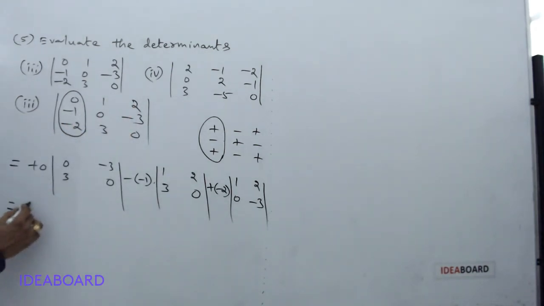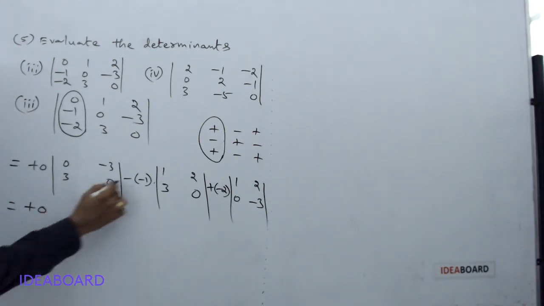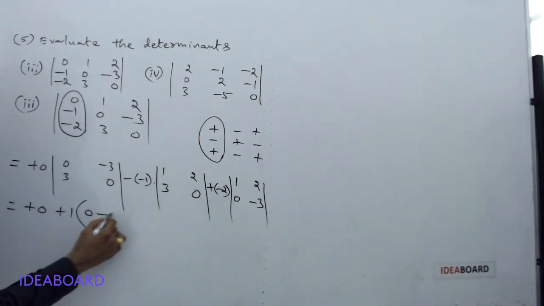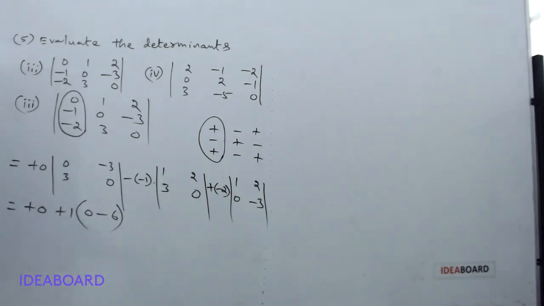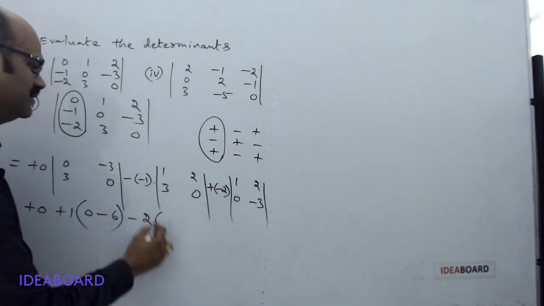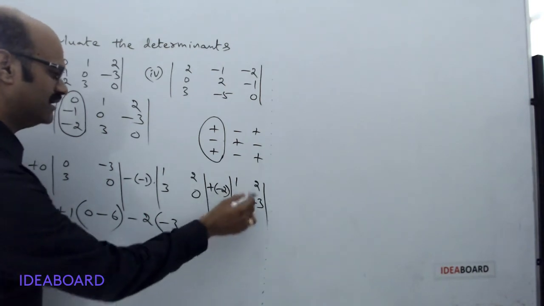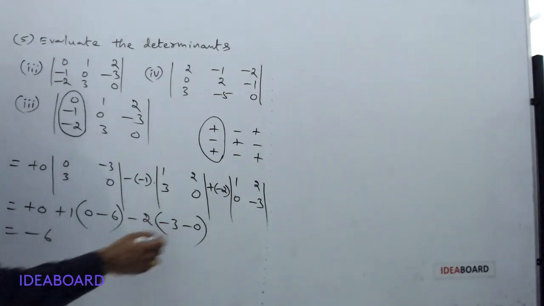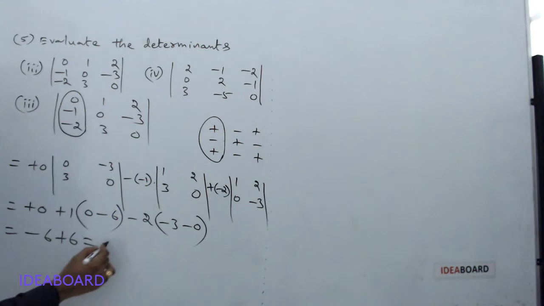Equal to plus 0 into anything is 0. So minus of minus plus 1 into 0, 0, minus 6. Now plus minus 2 into minus 3 minus 0. So equal to minus 6, minus into minus, here we are having plus 6, equal to 0.